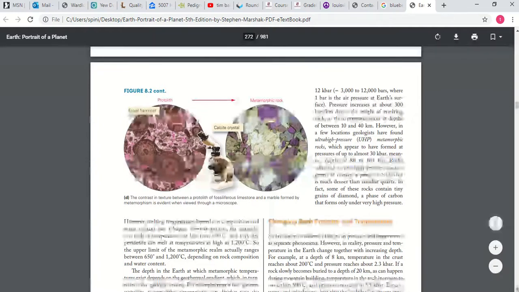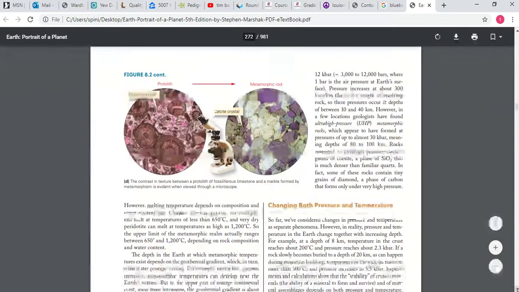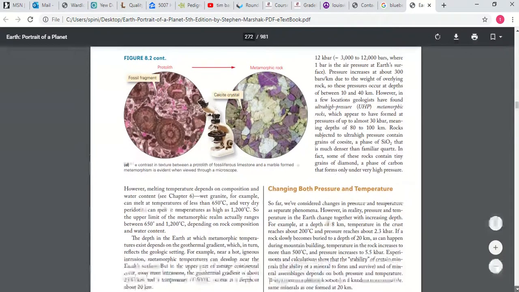But if it got reformed into the metamorphic form, which is marble, if you look through marble, you couldn't find any fossils, because all those fossils then have been reformed. It's the calcium and the calcite within the fossils themselves that the little animal made his little shell out of. All that chemical has kind of been reformed into something new, a new crystal, and the fossil itself now is gone.